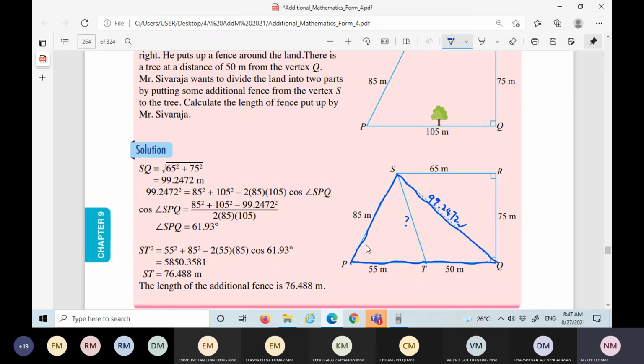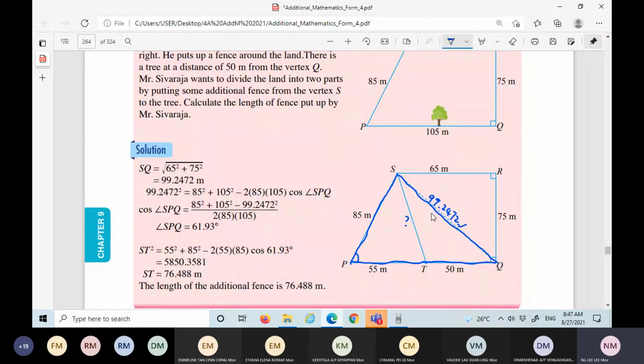When we look at this bigger triangle, 1, 2, 3, 3 sides we have already. Therefore I can find any of the angles. Let's say I find this. After that, 2 lengths and then 1 included angle, then I can find this length for this smaller triangle. This is again how you go through the question. Think what is the step that you need to take, and then know what to find first for you to reach the answer.